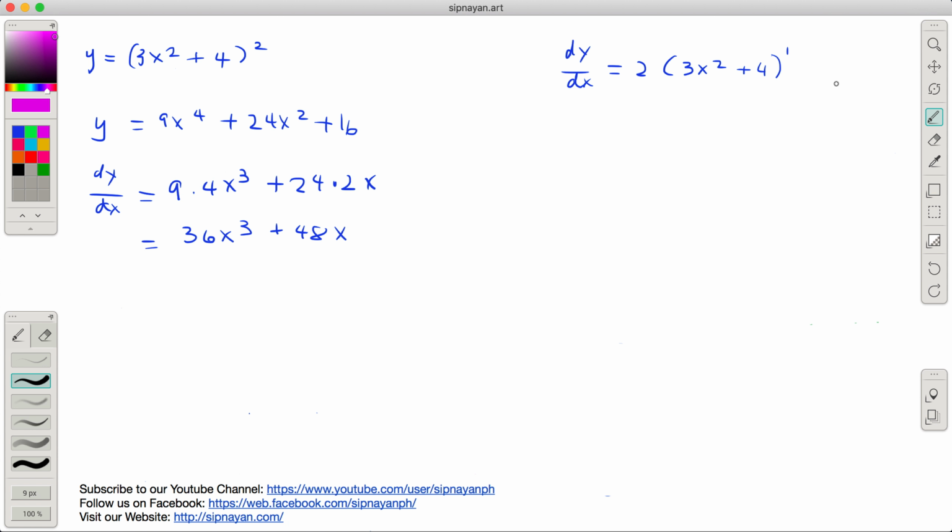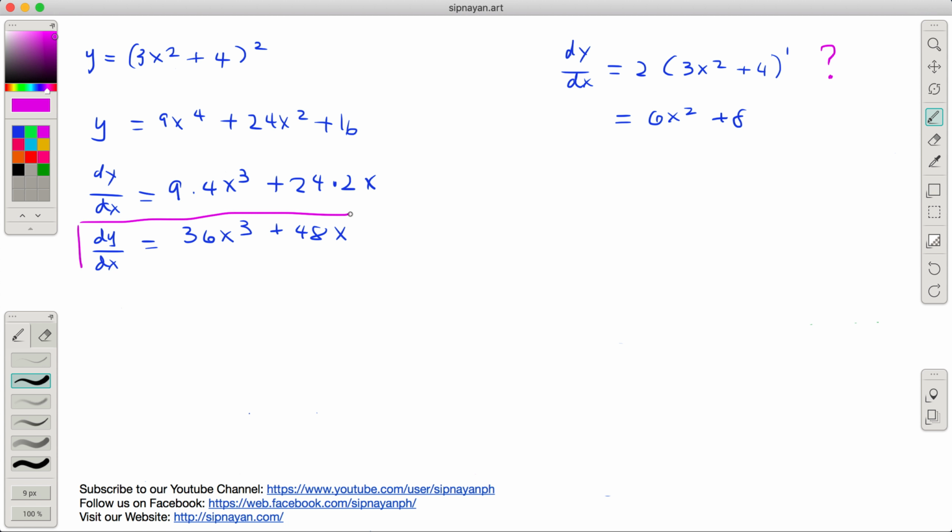Is this okay? Tama ba to? Pwede natin tignan. Ito yung tamang sagot, so, this is equal to 6x squared plus 8, di ba? So, this is the correct answer, by the way.